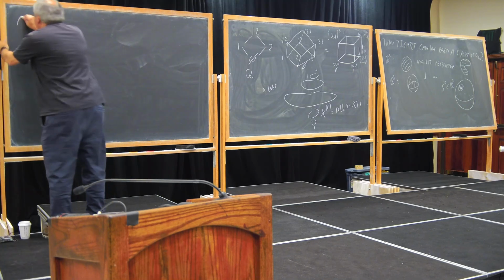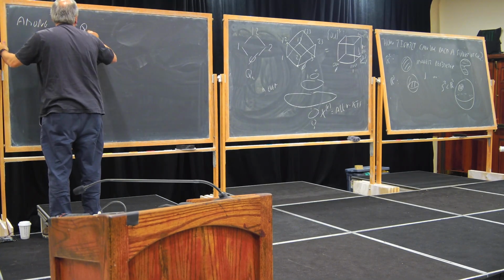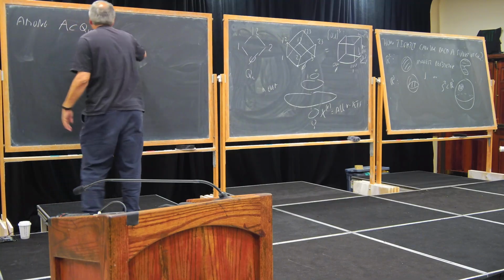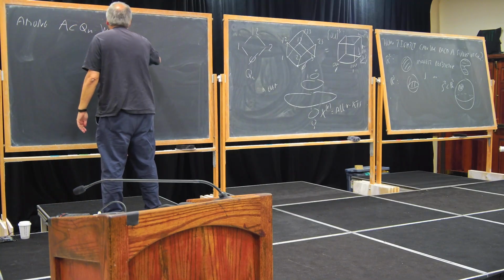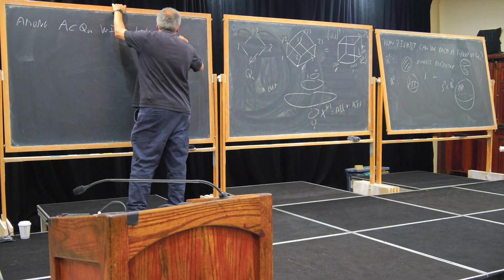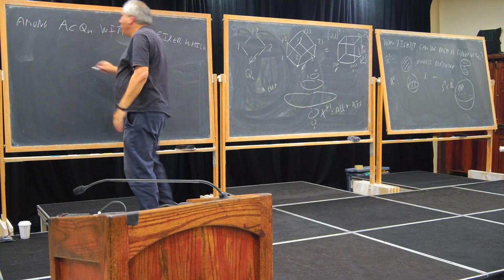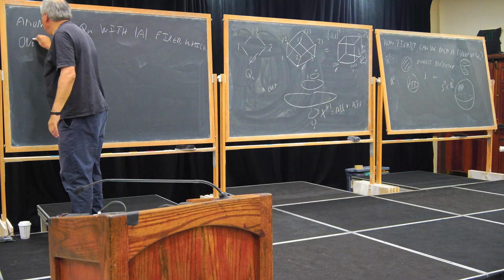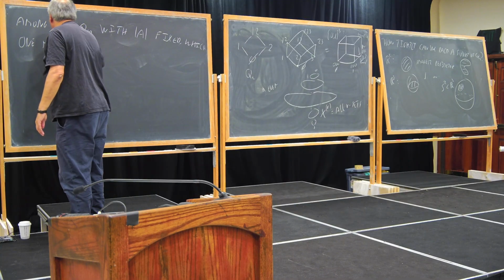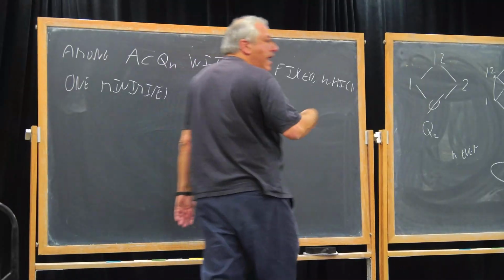So the question would be, among subsets A living in Qn, so sets of vertices, with a given size, which one minimizes what you might call the boundary of A.